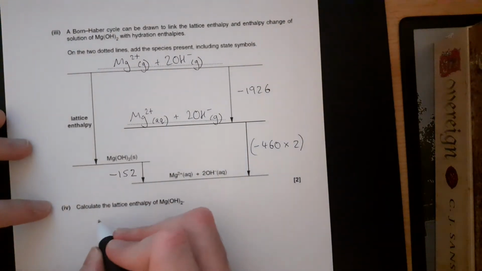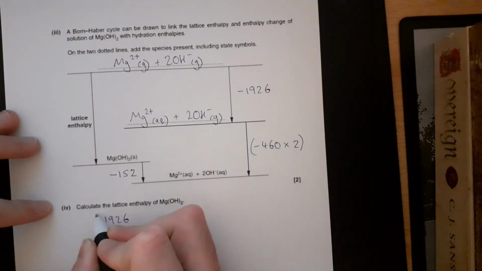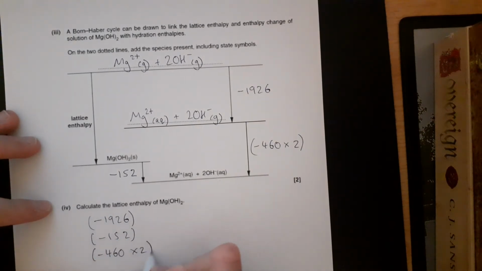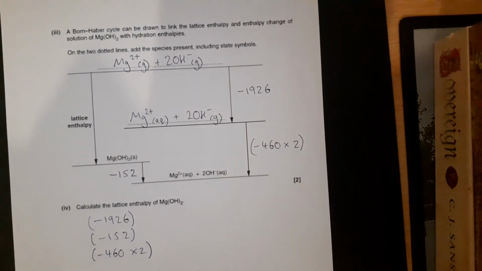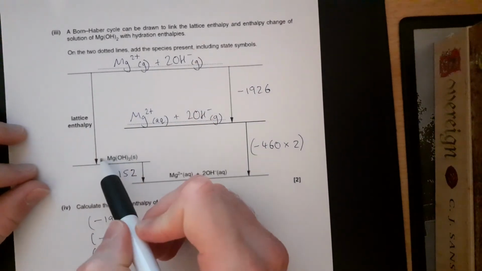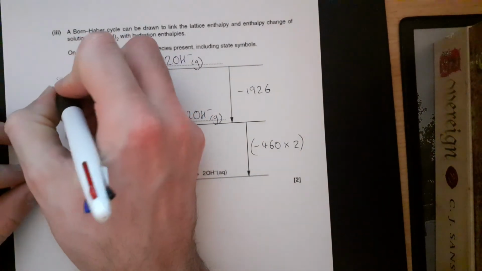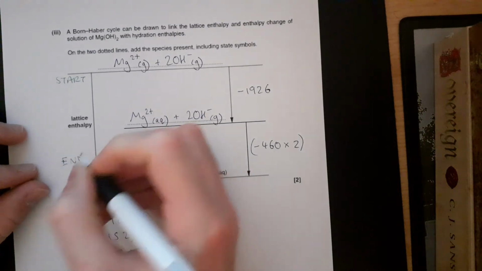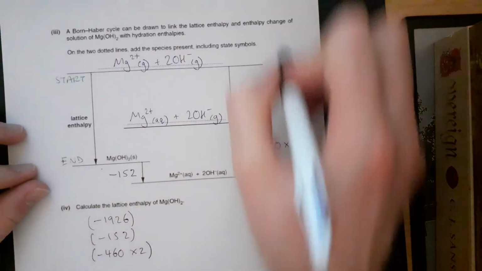Right, so then let's just copy these numbers and decide what we're going to do with them. Well, we always just write these numbers down and then we make a decision whether we want to be adding them or taking them away. What are we actually trying to calculate? We're trying to calculate lattice enthalpy, which is this one. So we're starting here and we're ending here. And this is the one we want, so we're going to have to go the opposite way around.